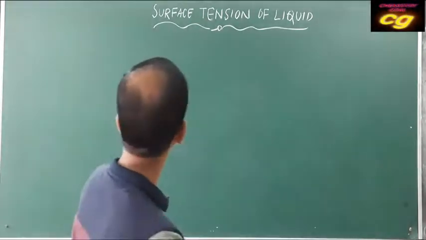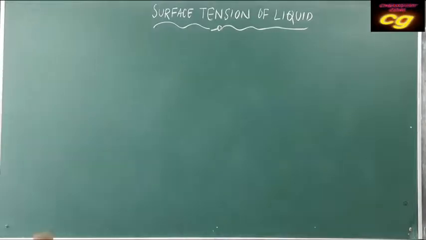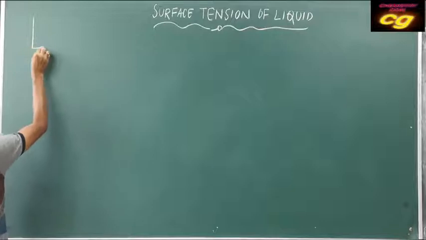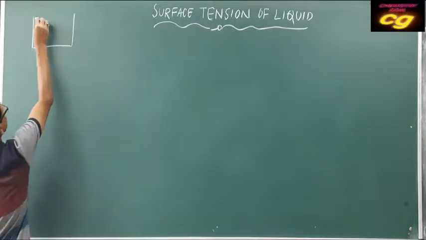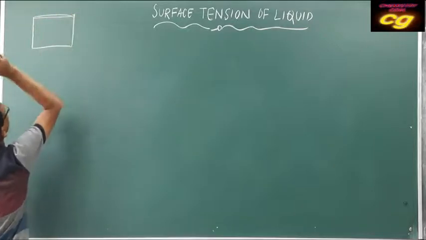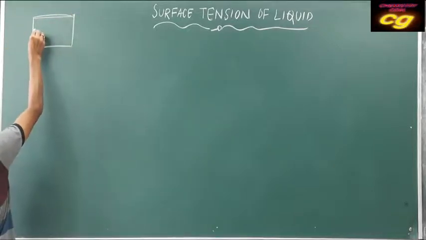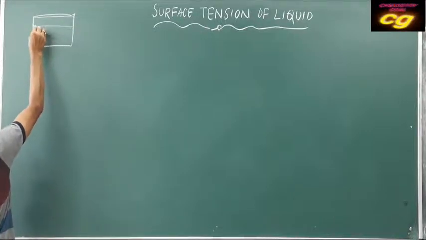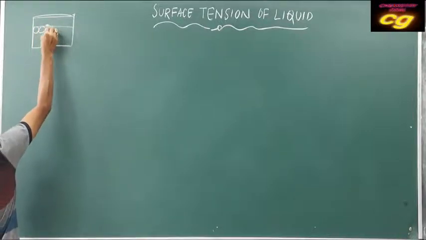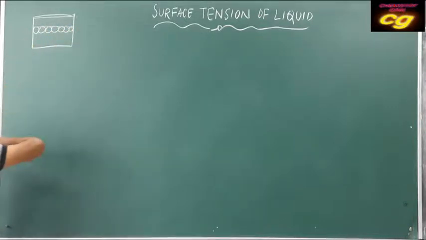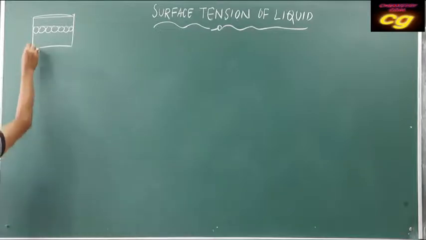Let us see the liquid molecule. Suppose liquid is kept in this container. Here this is the liquid, up to here the liquid occupies, and these are the surface molecules.